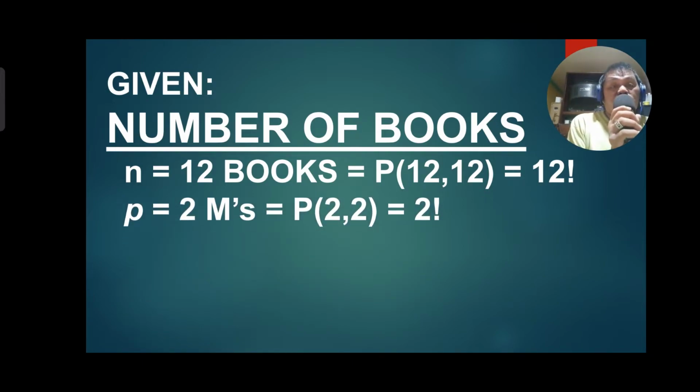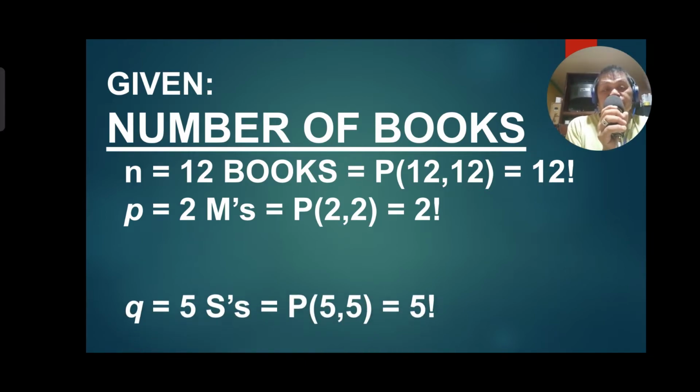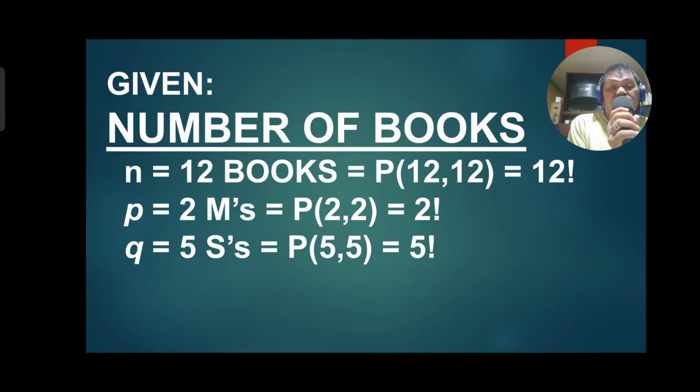From the 12 books, there are 2 mathematics books, and that would be our p, permutation of 2 mathematics books taken 2 at a time is equal to 2 factorial. And we have 5 science books, and that would be our q, permutation of 5 science books taken 5 at a time is equal to 5 factorial.